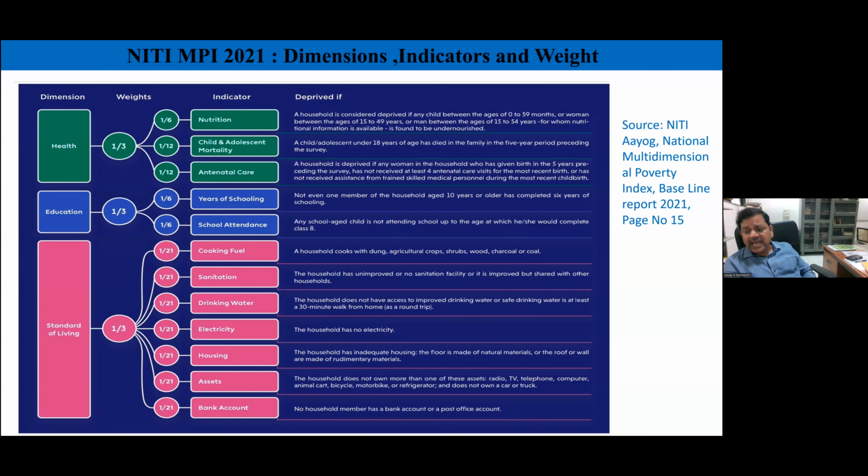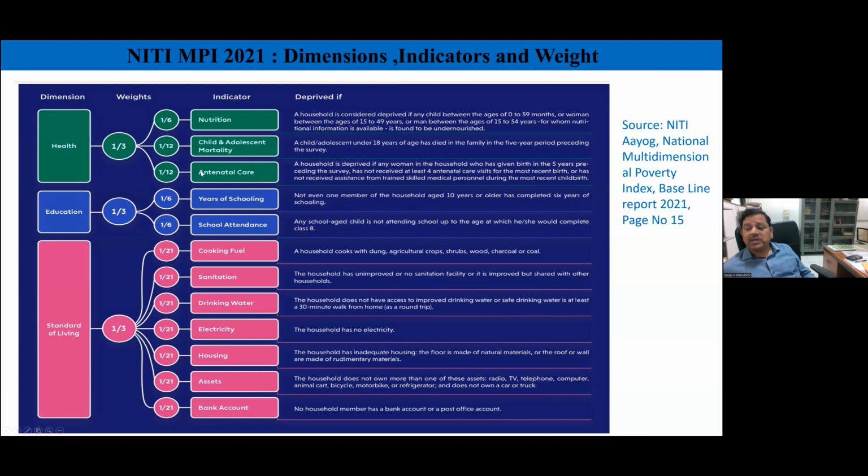So how are these similar to or different from the NITI Aayog estimates? In a nutshell, they are more or less similar, but there is a marginal change. You can see here in the health domain, the variable of antenatal care has been added. So in health you have one more indicator, 1/3, under which child health was further segregated into maternal health and child health.